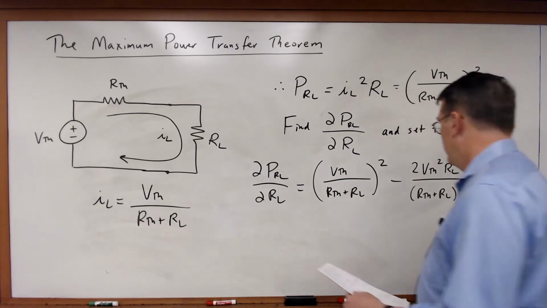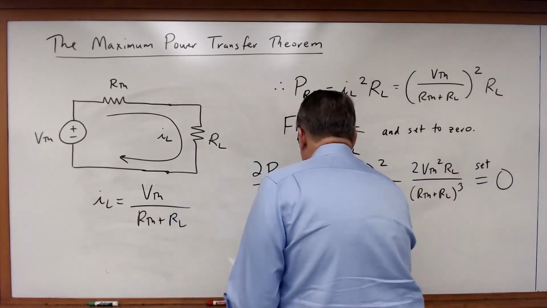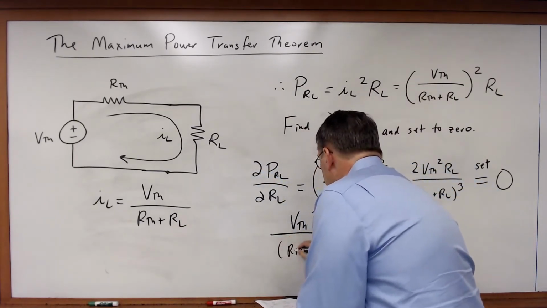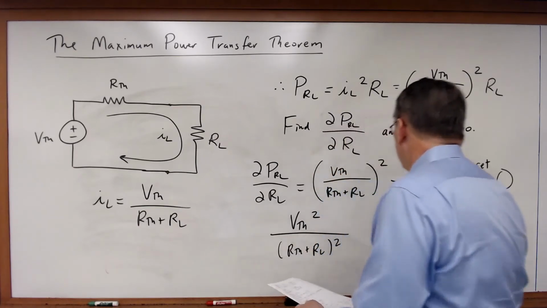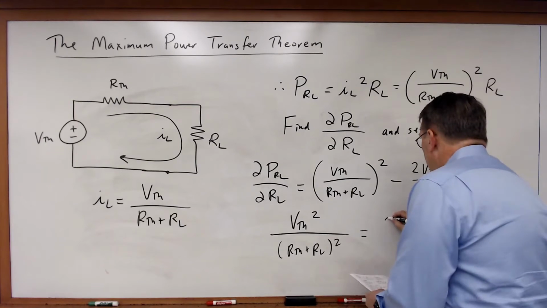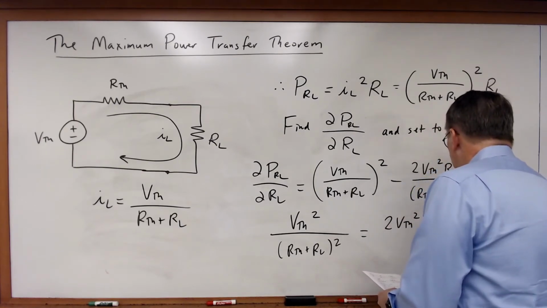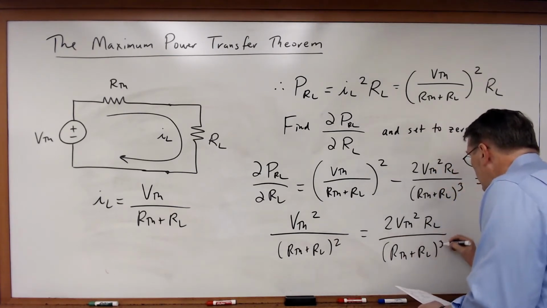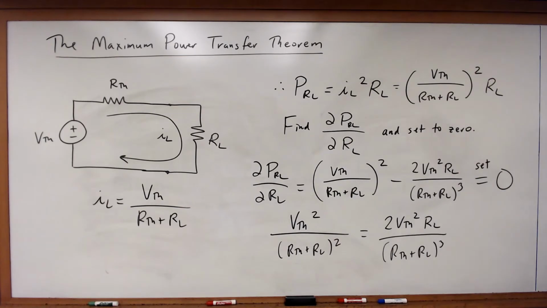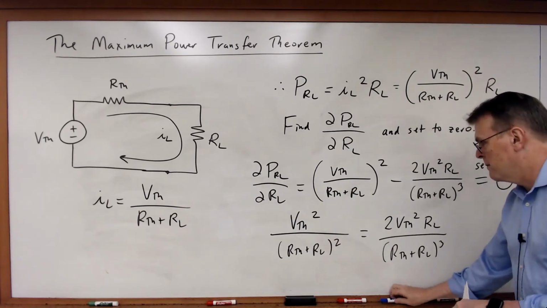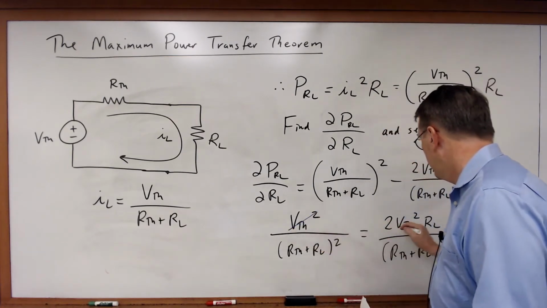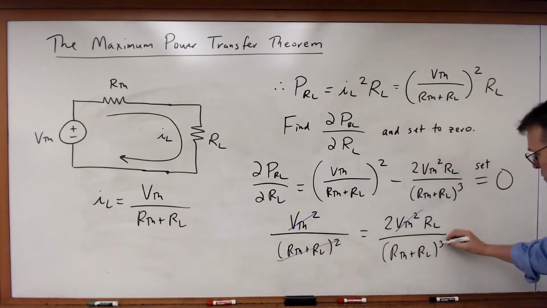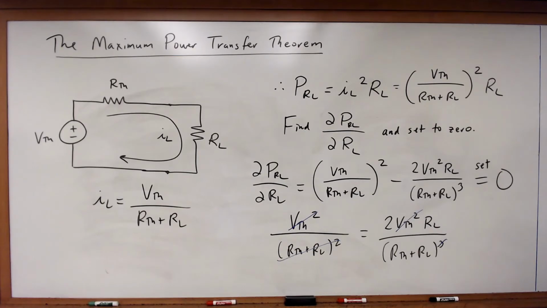So from here, what do we get? Well, if this is equal to 0, then VTH squared over RTH plus RL squared will be equal to 2 times VTH squared times RL over RTH plus RL to the third power. And very nicely, some things fall out for us here. The VTH squared cancels. This cancels, and I'll just get rid of the third power here on this side.